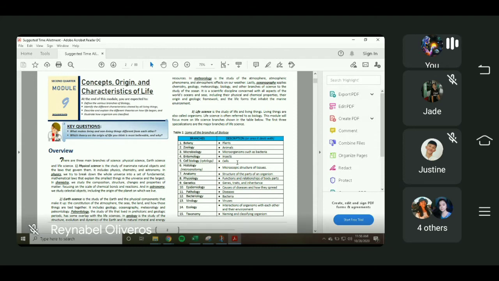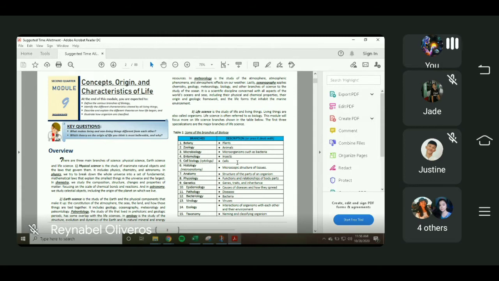Then, we also have the entomology. Okay? Wherein we will talk more on insects. Okay? The cell biology naman is about the cells and its functions. Then, sa histology is yung mga microanatomy. 'Di ba?